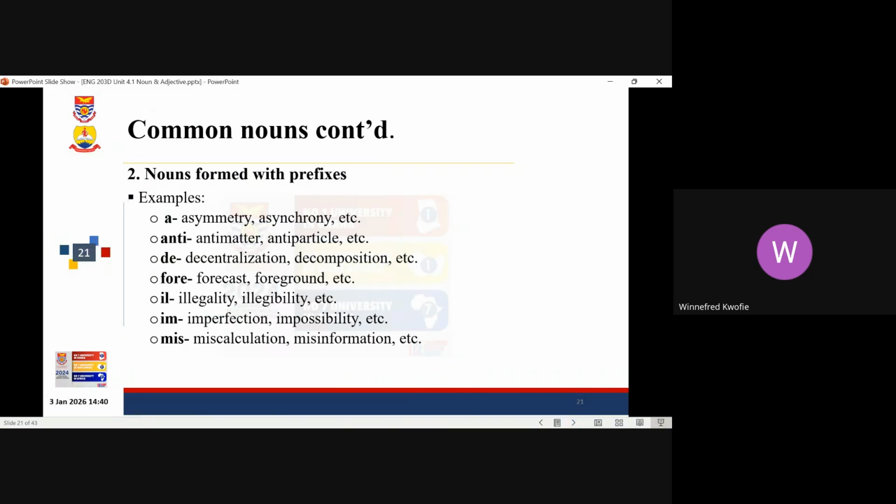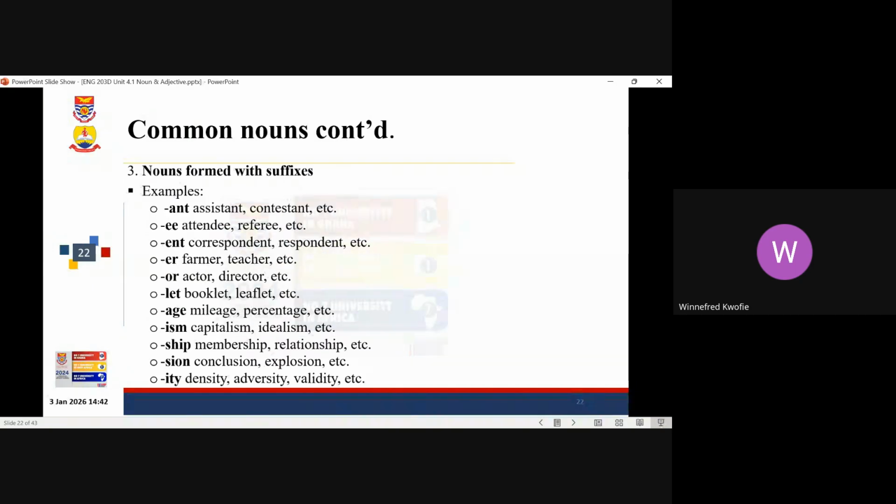So asymmetry, asynchrony, we have antimatter, decentralization, forecast, illegality, imperfection, miscalculation. So there are prefixes that are often used in the formation of nouns.